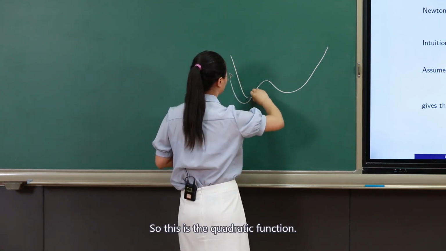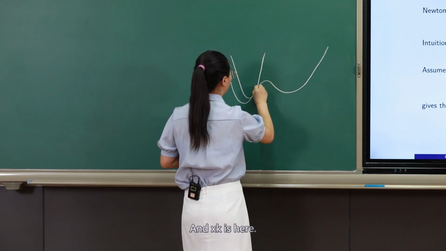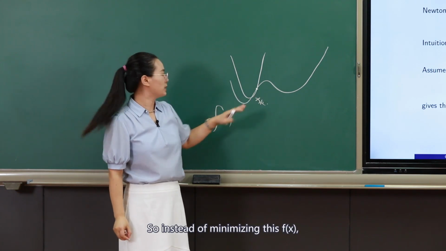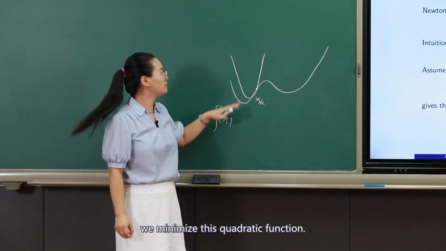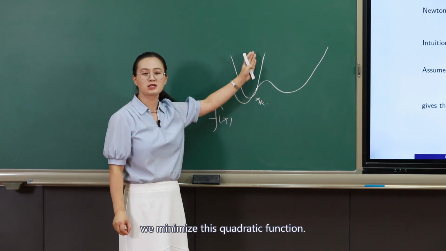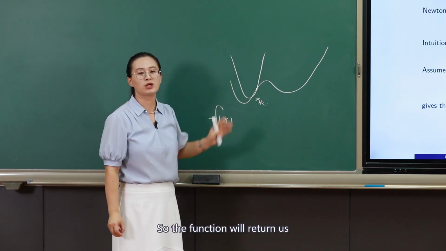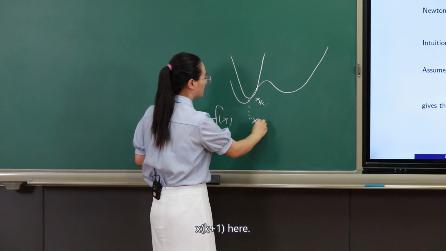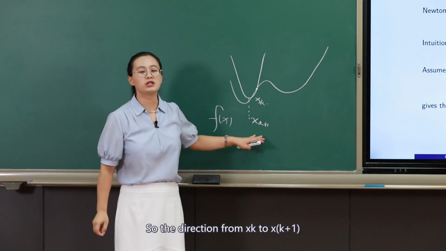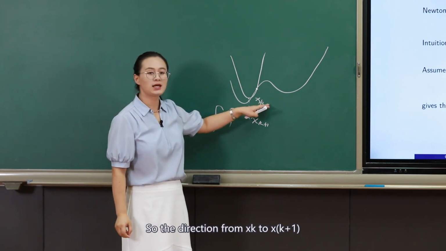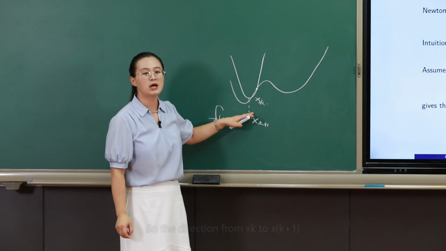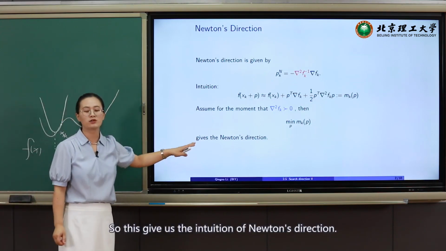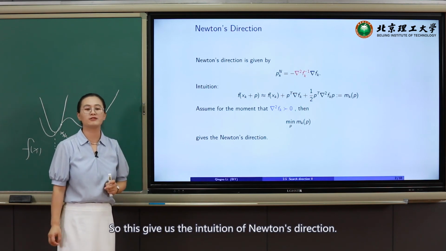So this is the quadratic function, and x_k is here. Instead of minimizing f(x), we minimize this quadratic function. The minimization returns x_{k+1} here. The direction from x_k to x_{k+1} will be Newton's direction. This gives us the intuition of Newton's direction.